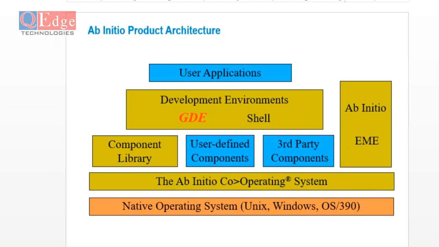As I told you, what is EME? The Enterprise Metadata Environment. So what is happening? EME not only maintains version control, the versioning of all the code, it also helps the users and the business people.